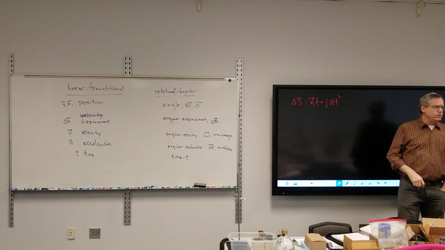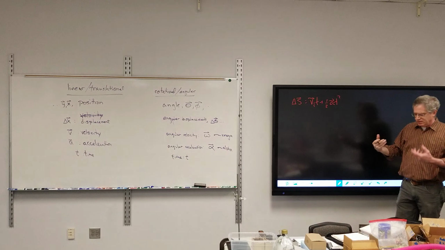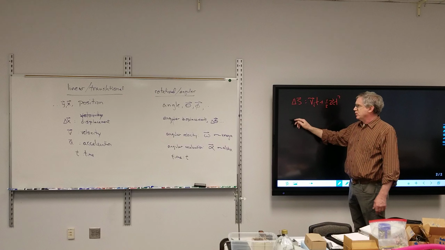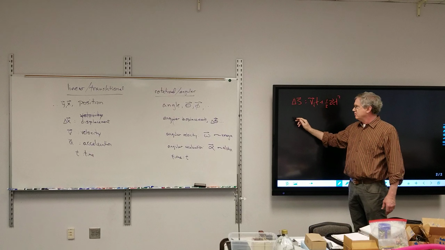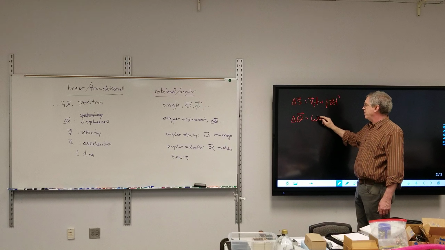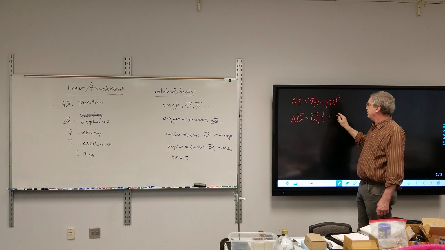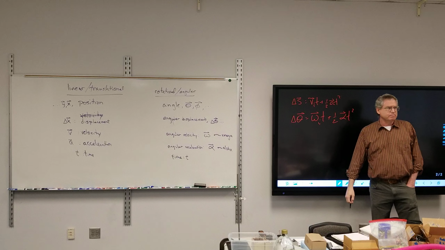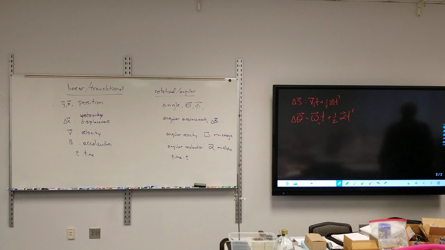To double this equation, since the math behind it is similar, we just do transliteration. So instead of position using s, we'll use theta. So delta theta is equal to omega_i t plus 1/2 alpha t squared. We just take the old equations we have been using and stick in the rotational analog.